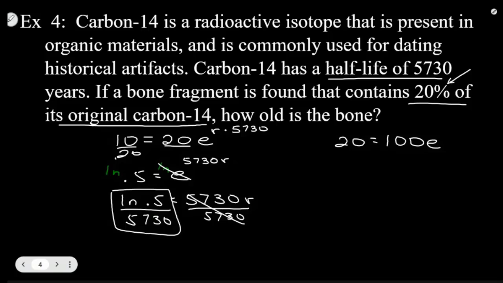E, we know our rate is, what was it? Natural log of 0.5 divided by 5,730, and then times t.